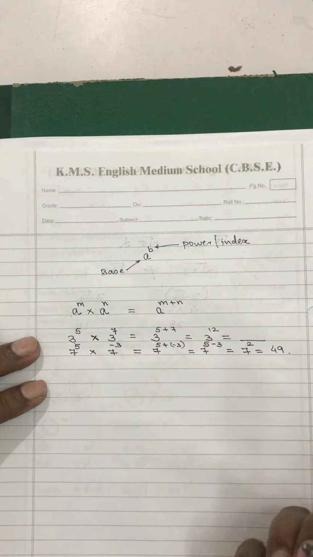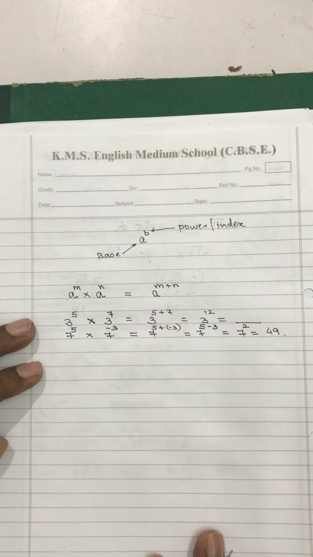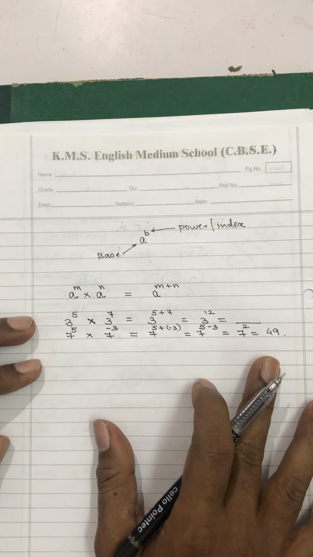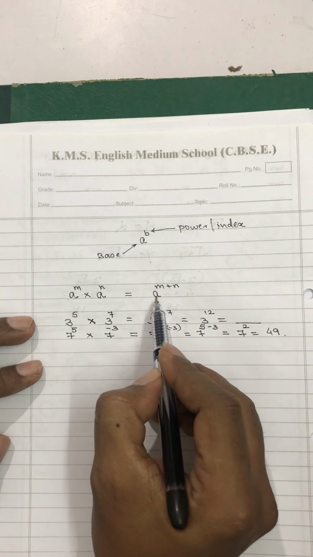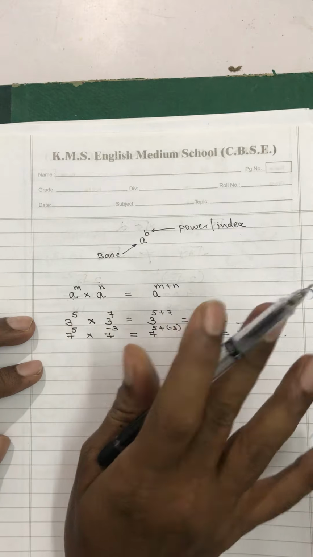Fine. Basically the idea is this much only. When equal bases multiply, you have to copy the base once and the powers add up.